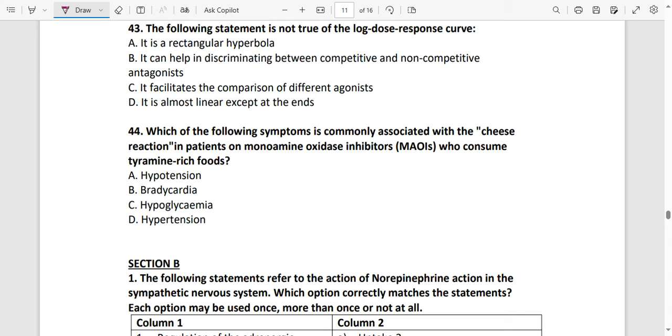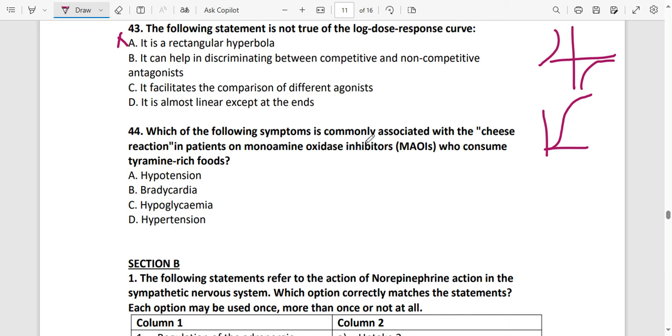For those that attended or watched the previous class, we already answered this question. So the answer is it is a rectangular hyperbola. We said that a hyperbola is a graph that looks like this. But we know that for a dose response curve, the graph goes like that. So that's not a hyperbola.